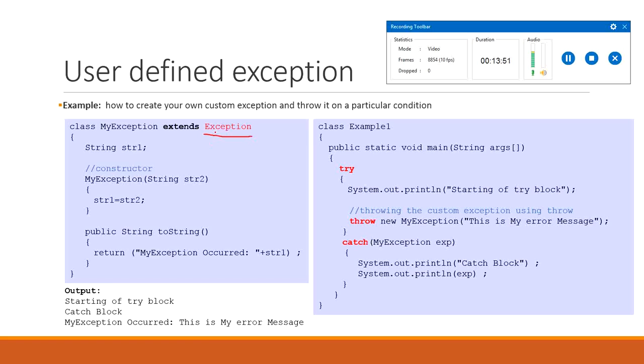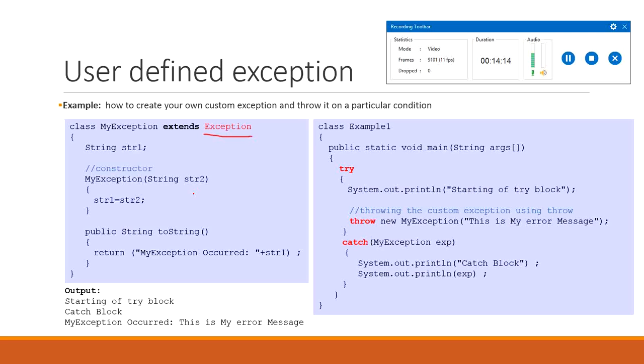Now when we extend it from the Exception class, we need to include either the default constructor or the parameterized constructor of the Exception class. So either we can have a parameterized constructor or a parameterless constructor. It's up to your choice.